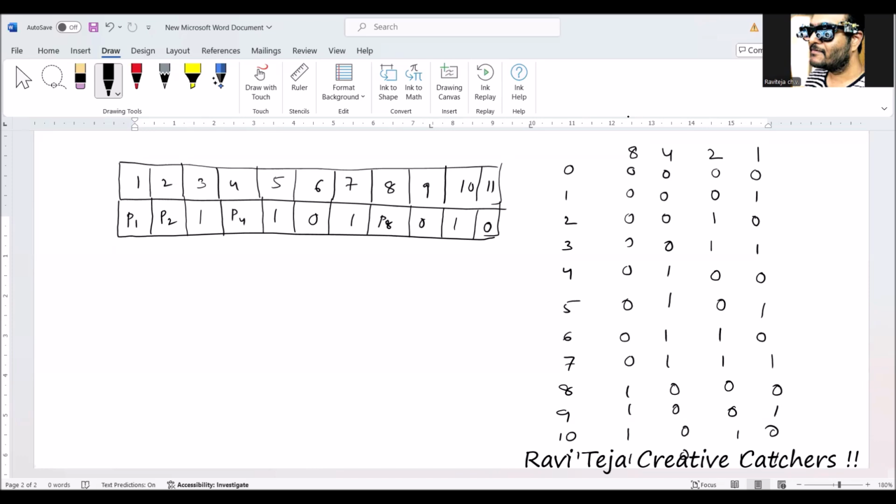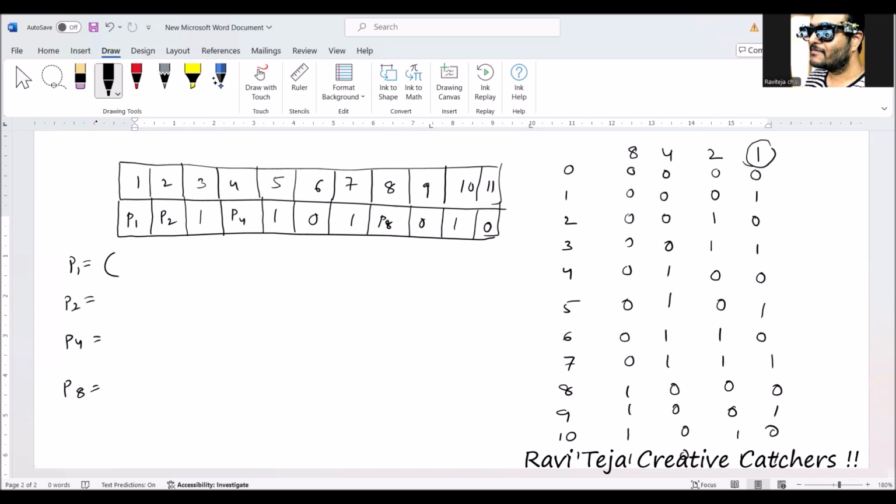Once we have written like this, we need to find the parity bits. The parity bits are P1, P2, P4 and P8. Okay. First write down the positions where there are ones. See this particular column where there are ones; only those numbers are to be considered.